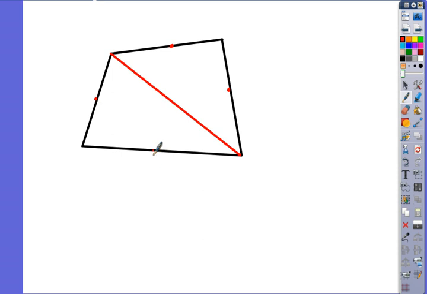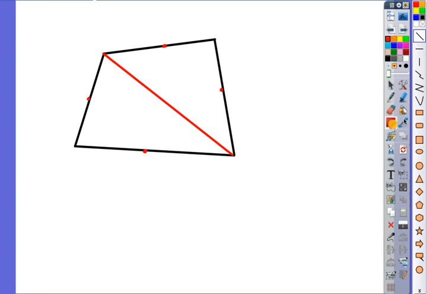If I just focus on this triangle up here, if I join the midpoints and create the mid-segment, you remember what had to be true of that mid-segment and the third side of the triangle? They're parallel. Yeah, they were parallel.